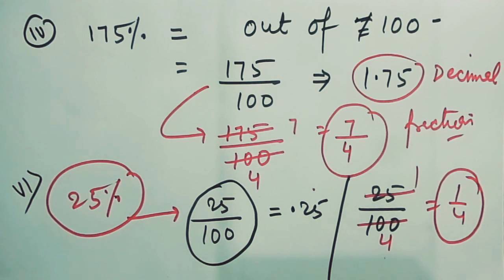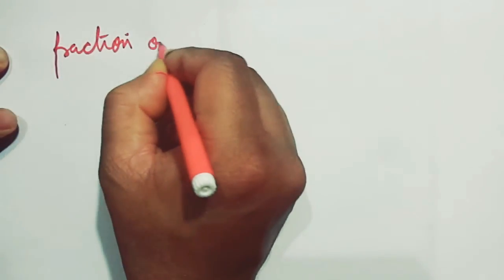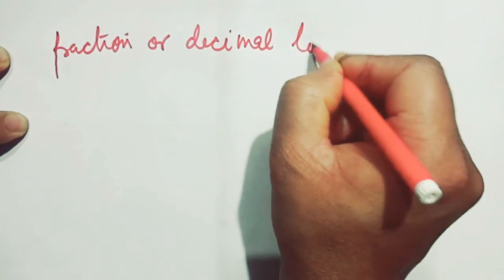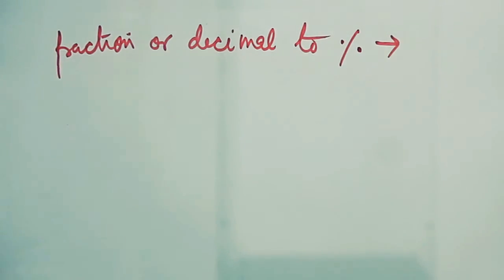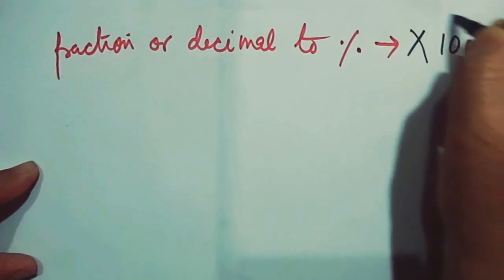So finally, what did we learn? We learned that when we were asked to change a fraction or decimal to percentage, what we did, we multiplied it by 100.